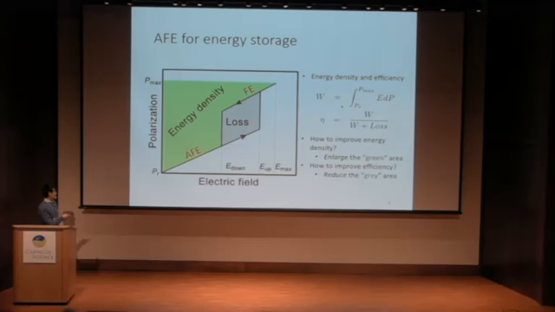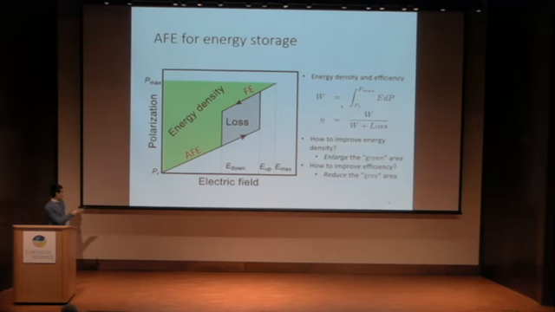At low field, the antiferro phase is stable, and it goes through a first-order transition to the ferro phase at this field, which we call E-up. If we reduce the field, the ferro phase eventually becomes unstable and goes back to the antiferro phase at this E-down field. By definition, the energy density is the integrated area under this discharging curve.